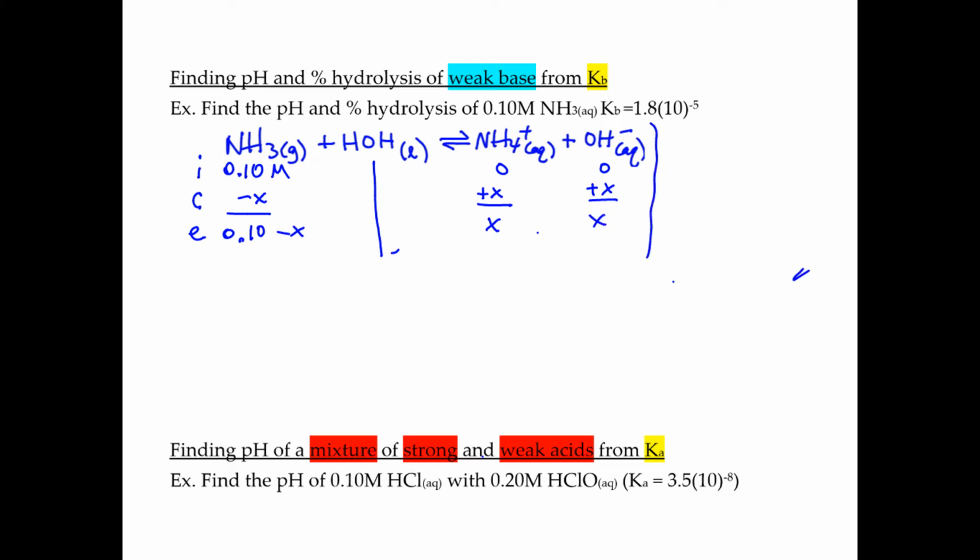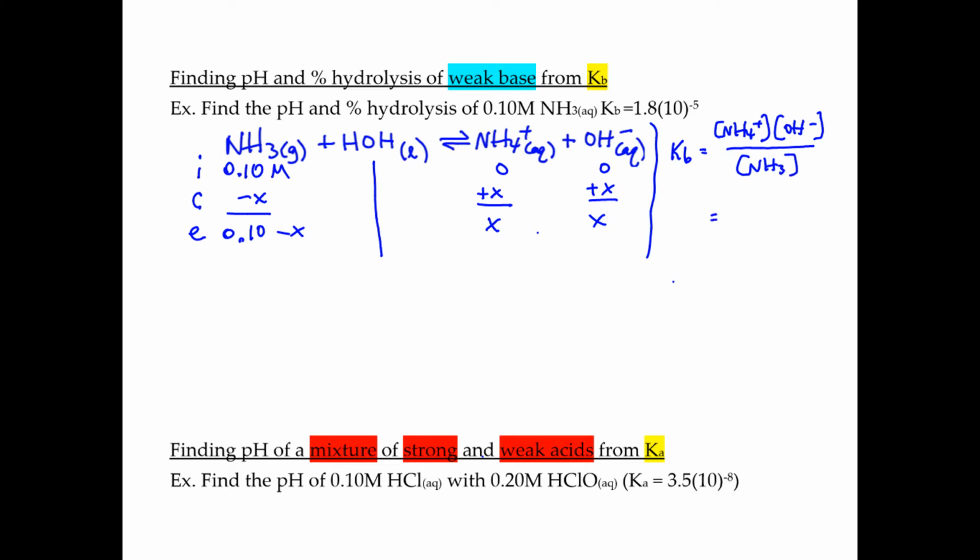And now, of course, we're going to set this equal to the Kb. The Kb is the same setup as the Ka, except we're not going to put the water in because, again, it's a liquid. So the Kb, in general, is going to be the concentration of NH4 plus times the concentration of OH minus divided by the concentration of NH3 at equilibrium.